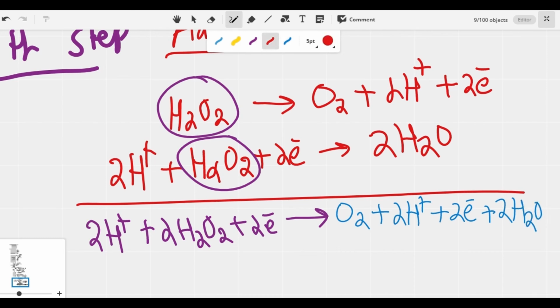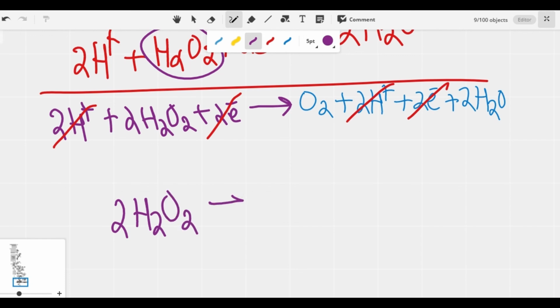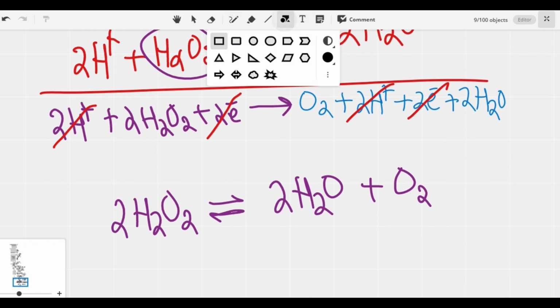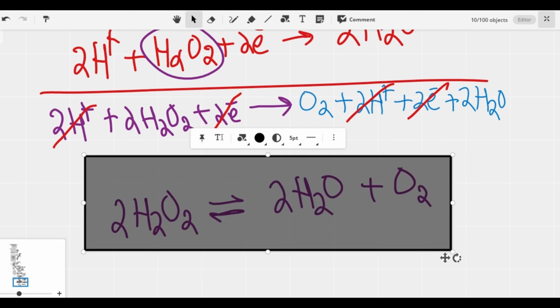Now you need to balance that by checking it. Here the 2 hydrogen ions and the 2 electrons cancel. So the final equation is 2H2O2 giving 2H2O plus oxygen.